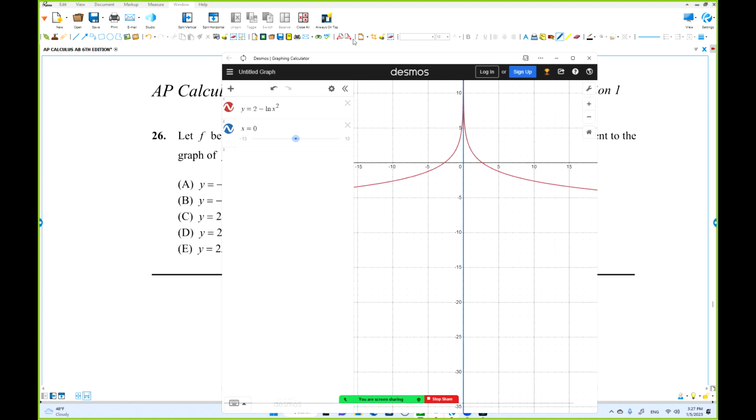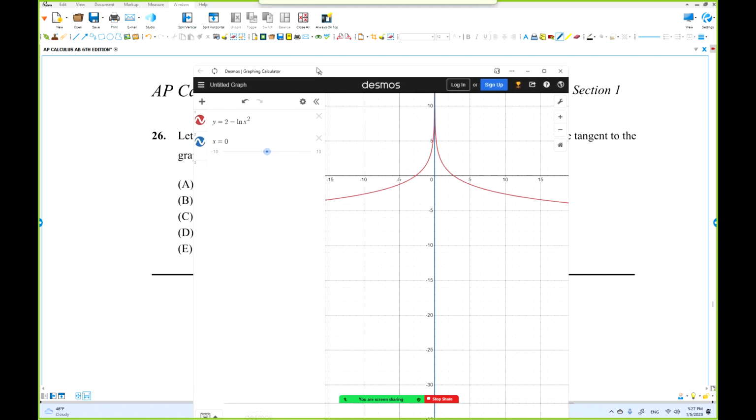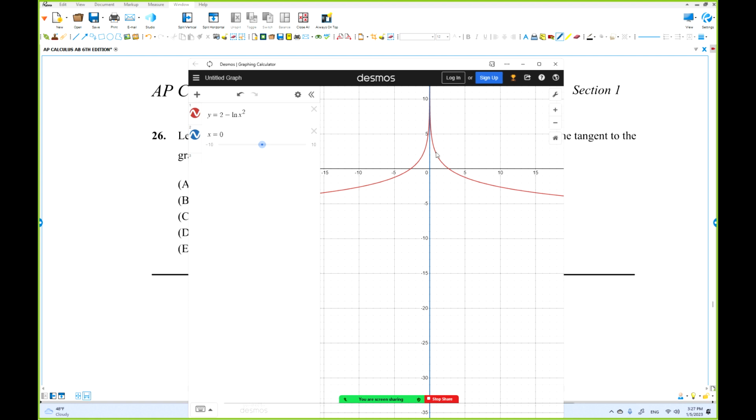Anyway, we're going to find the equation of the line tangent to this graph at x equals 1. Where is x equals 1? It's over here. At x equals 1, the y is 2, right? So we're going to make the tangent line at this point.